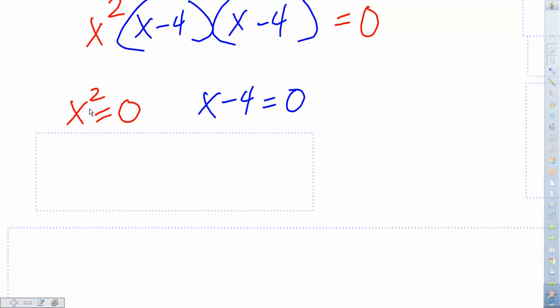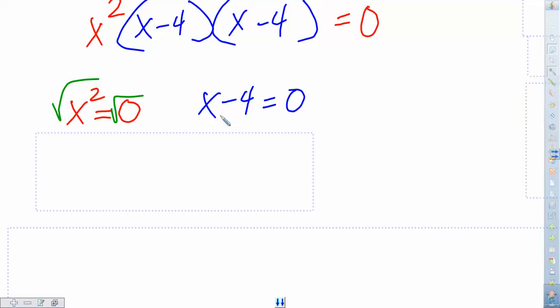And then to solve this one here in red, what do we need to do to both sides? Boy, that equal sign is really, really crooked. There we go, a little bit better. And then to solve that one, couldn't we then take the square root of both sides? But I think you guys know what the square root of 0 is. I think that's going to be 0.